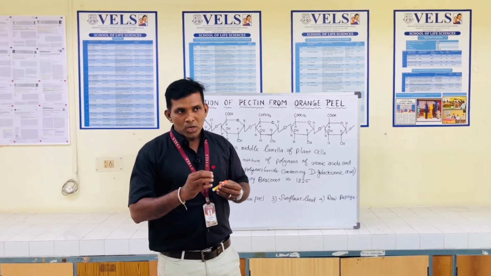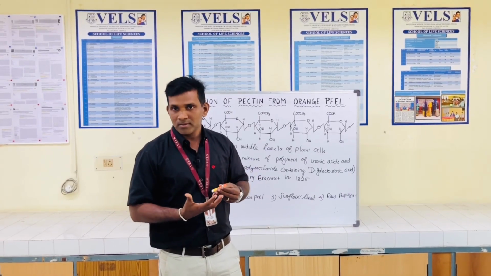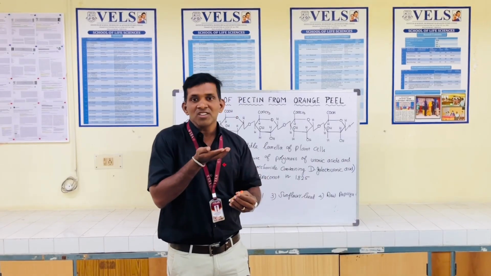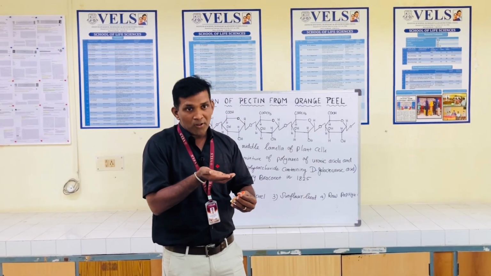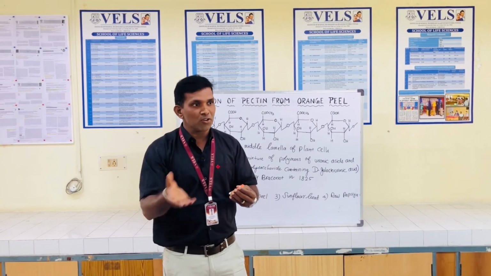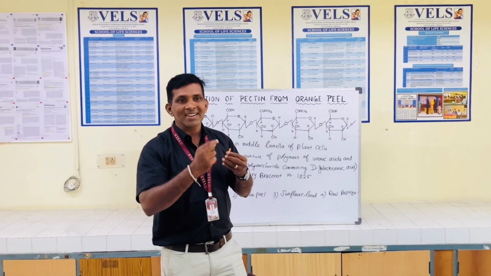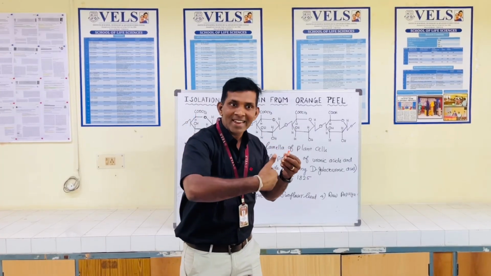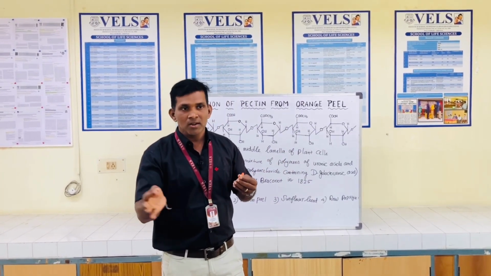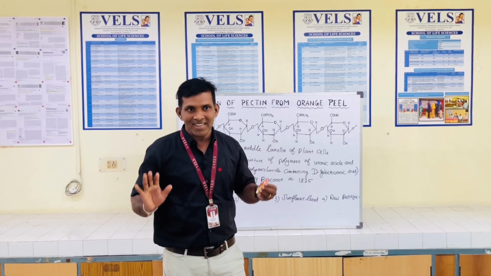You will get a jelly compound which is precipitated. It contains a lot of water, so filter the jelly compound for 1 hour as it releases a lot of water. After 1 hour, you will see a white paper-like layer, which is pectin. Take the weight and note it down in the observation note. This is the entire procedure.